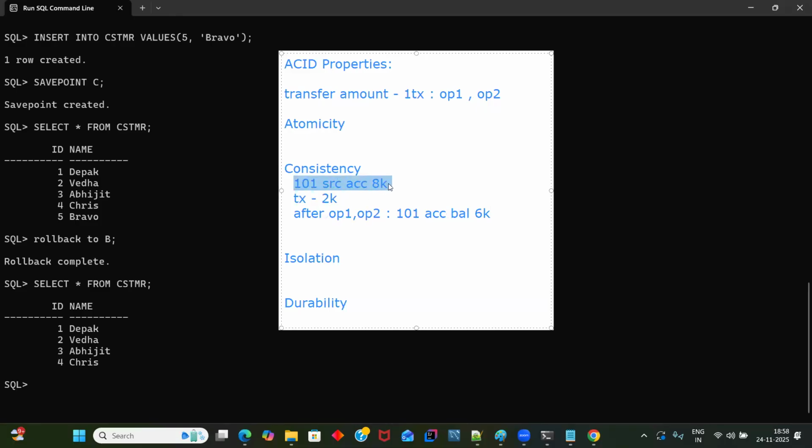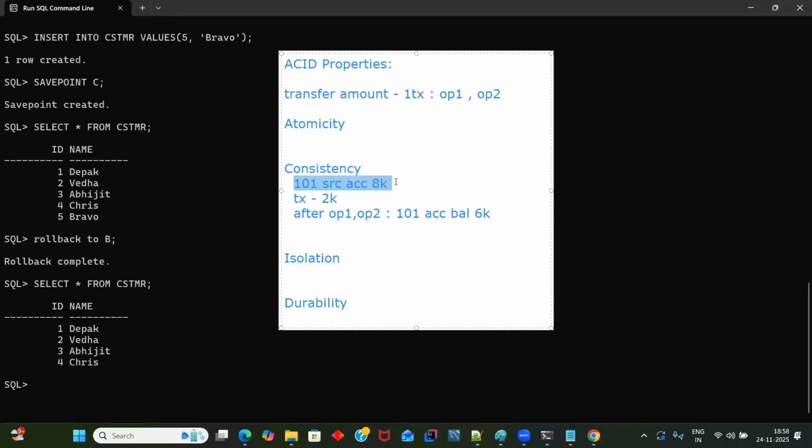So account 101 has an 8K balance before the transaction, and the transaction he was doing is 2K, nothing but sending an amount. Now after both operations are done, 101 has a balance of 6K, and 102 has some credited amount. So consistency ensures that there should be a change in your row before and after the transaction.